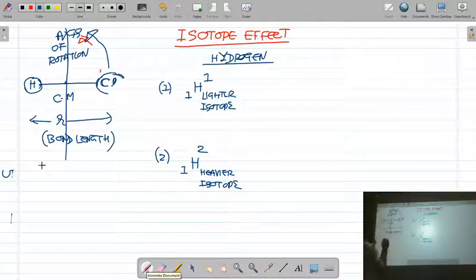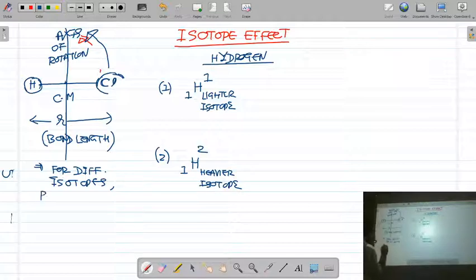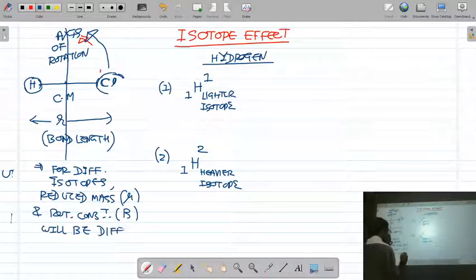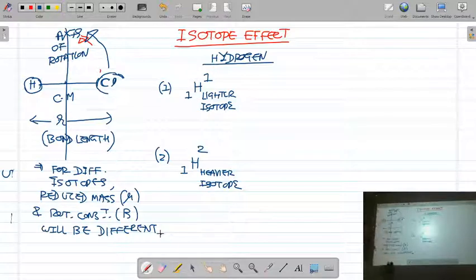So I write that for different isotopes, the reduced mass mu and rotational constant B will be different.